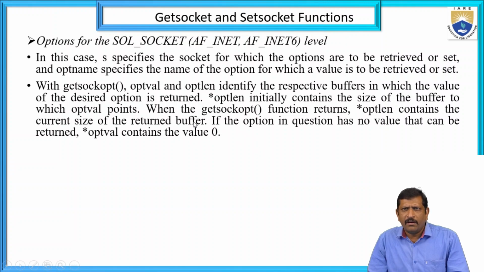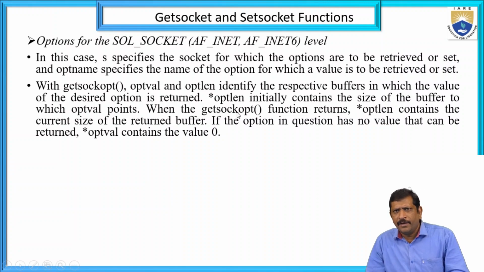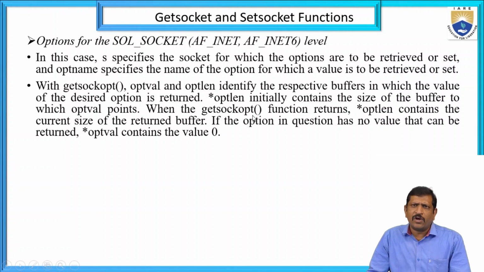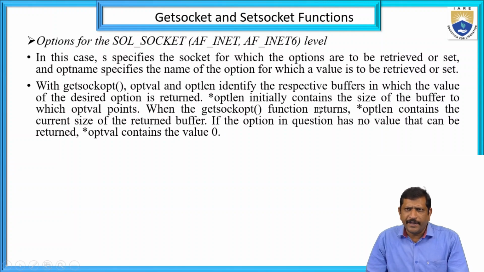Here is the pointer, the optlen, which initially contains the size of the buffer to which the optval parameter will be pointed. Whenever it is pointed, we are getting the values from the memory by calling the getsockopt function, which returns 0. That means successfully retrieving the data from the socket.